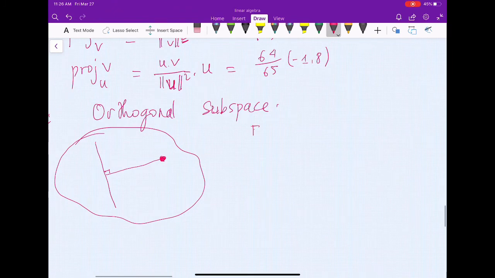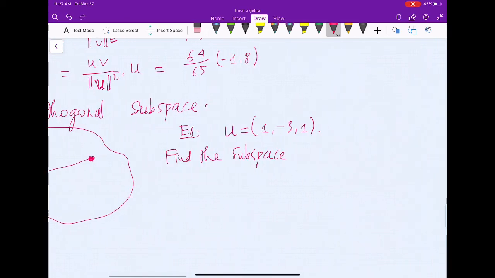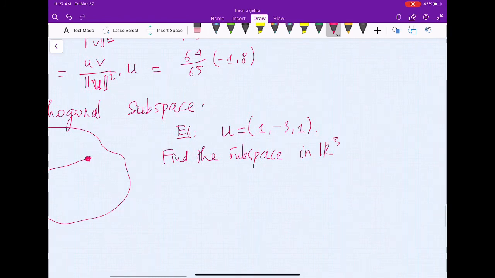Let's consider the following example. You have vector U in R3. They ask you to find the subspace in R3 which is orthogonal to U. So you can imagine, right?